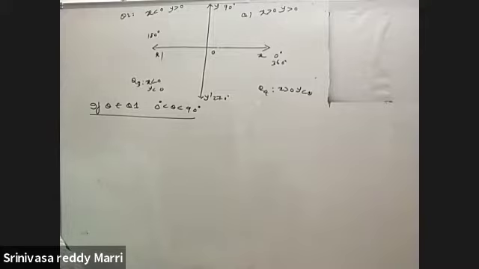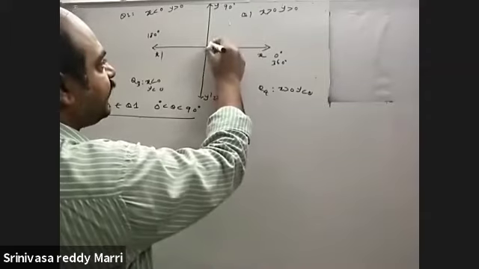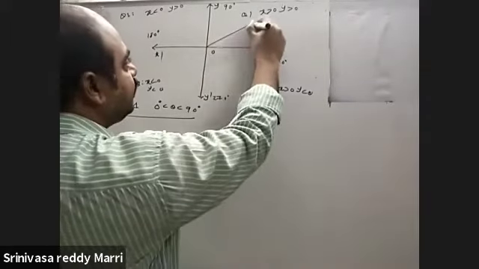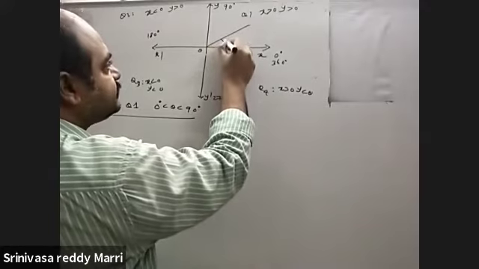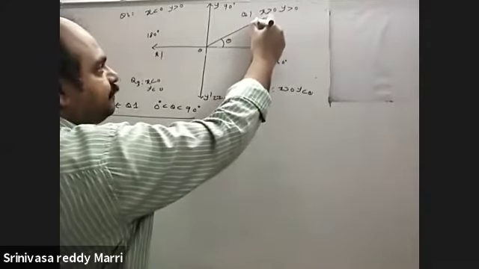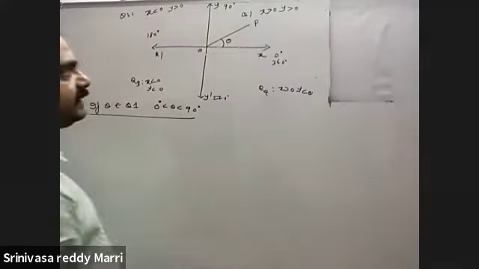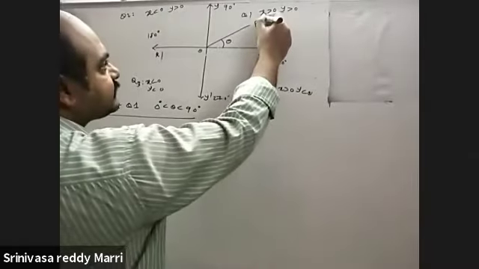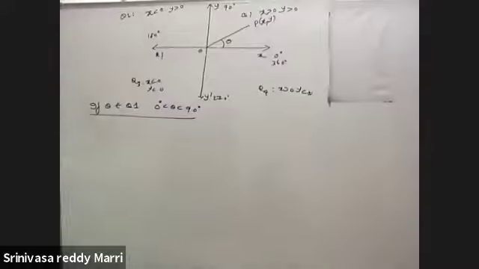For finding trigonometric ratios, let us say I have measured the angle theta. Measurement will be like this, any angle. Then let the terminal point be P. That is called x comma y.